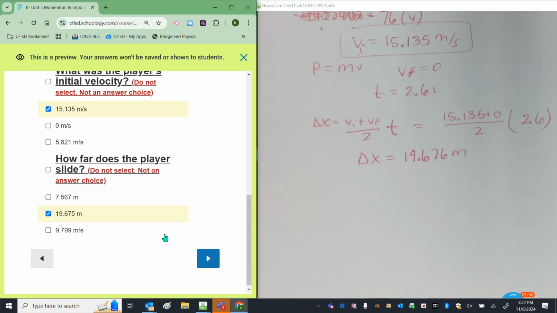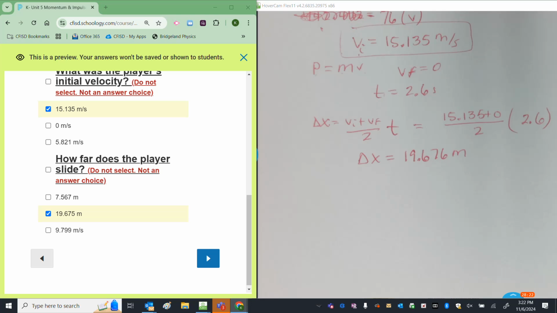Oh, I just have a question for the unit 5 summary. Okay. Give me a second. Let me pull up something else real quick. 502. I think it's in here. I think it's this one.